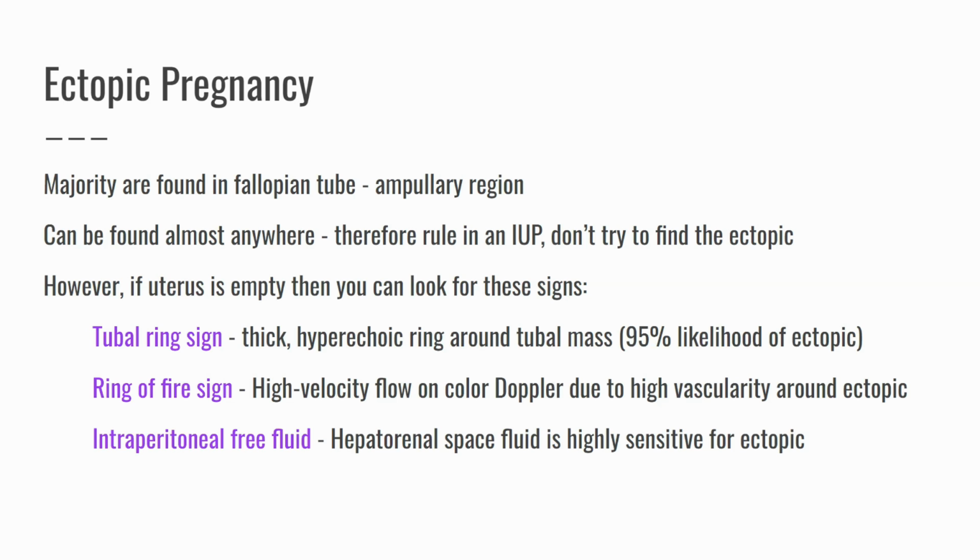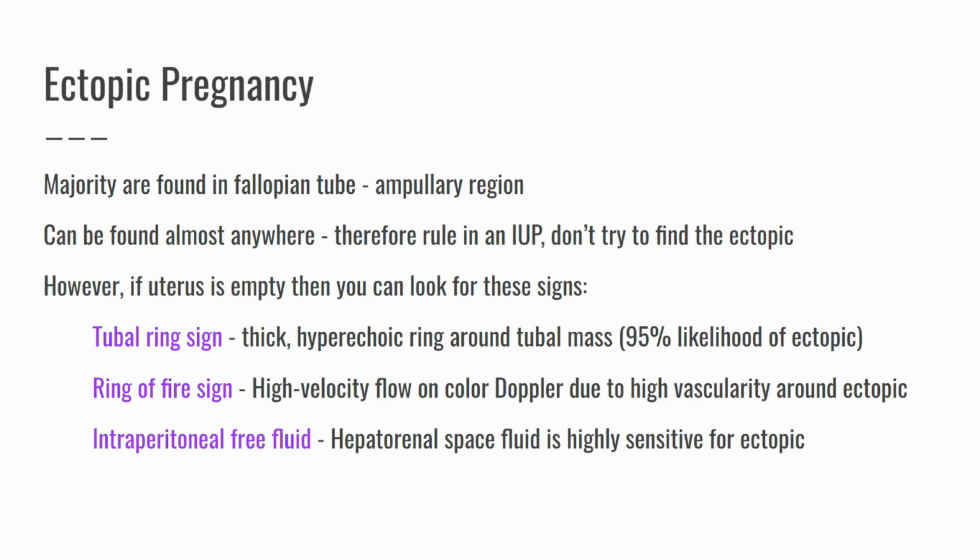However, in saying that, there are some features and some signs that you can use to help identify an ectopic pregnancy. The majority are going to be found in the fallopian tube and the ampullary region of the fallopian tube, but they can be found almost anywhere.